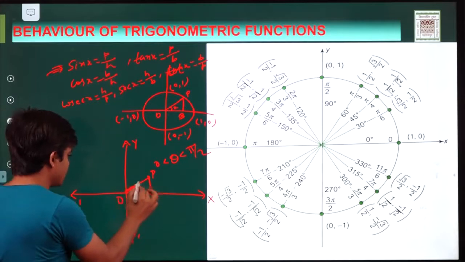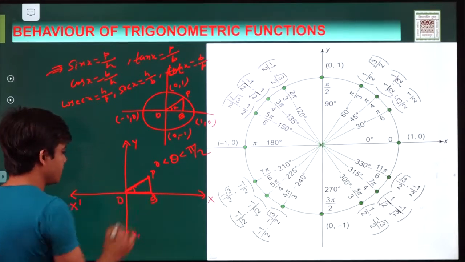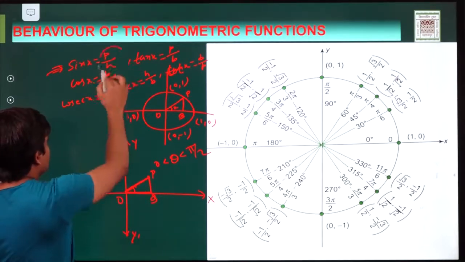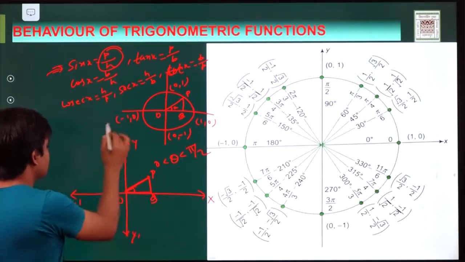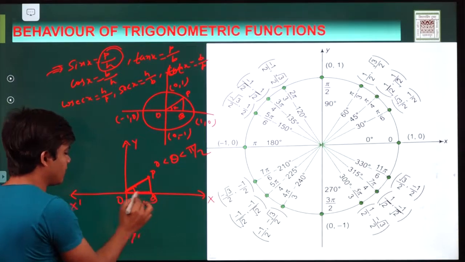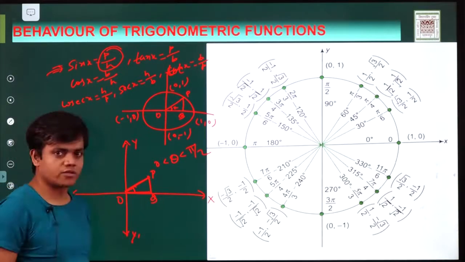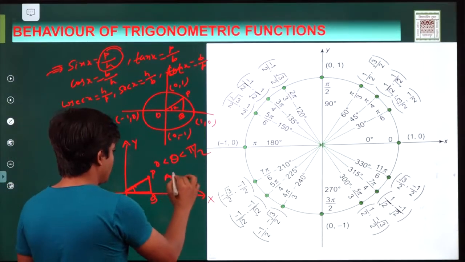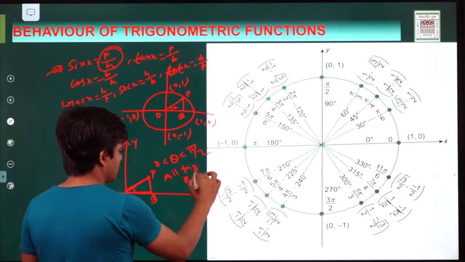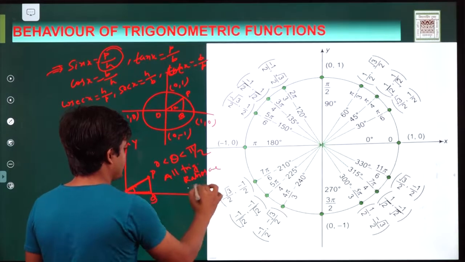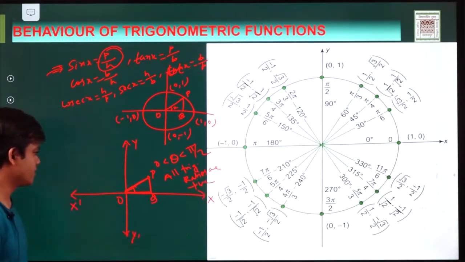This is the hypotenuse, whose length is already positive. So p by h, b by h, p by b, all will be positive. All the ratios are positive. That's why all trigonometric ratios are positive in the first quadrant.